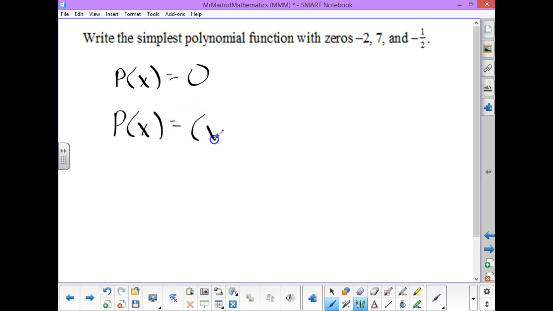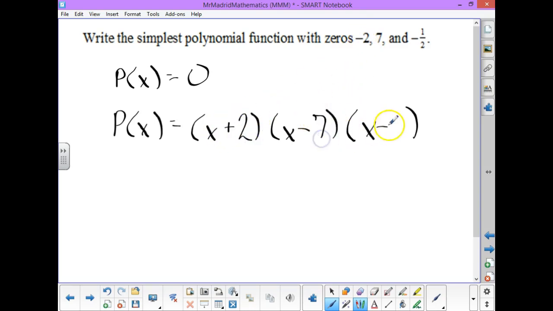We can create the whole skeleton again here, and this is a good tip because it'll avoid small mistakes that can have huge consequences. So I'm simply going to insert -2, which switches the sign, a 7, which retains the minus, and a -1/2, which changes the sign. Hopefully you caught on to that.